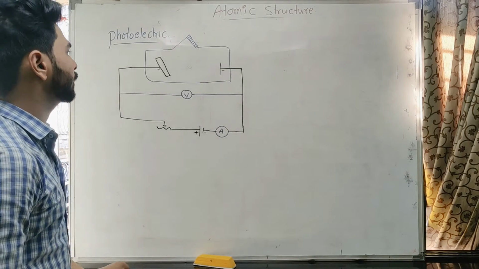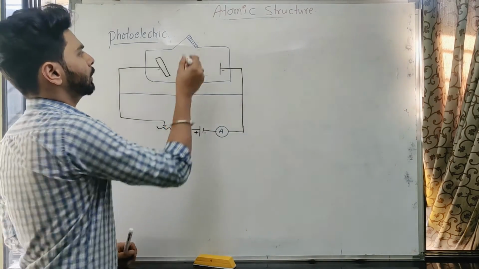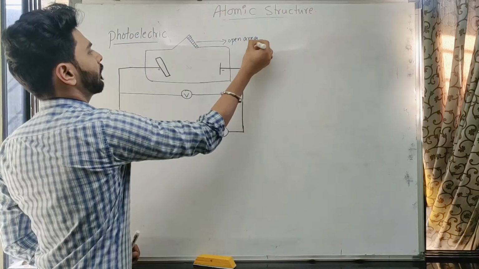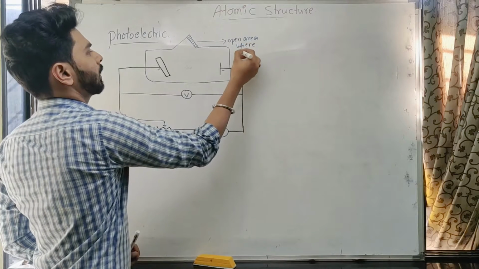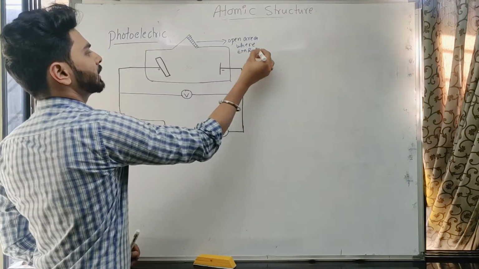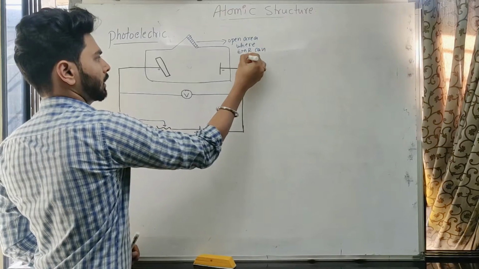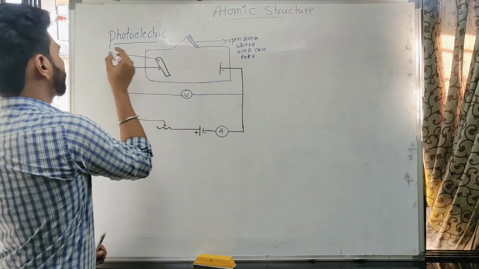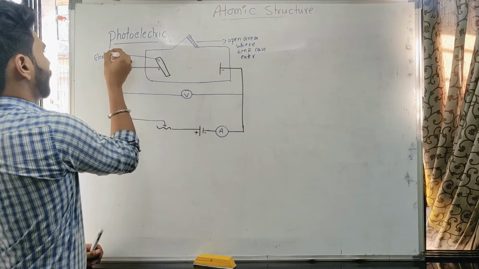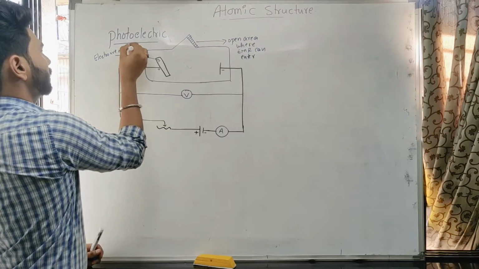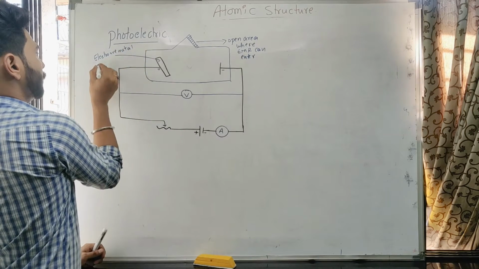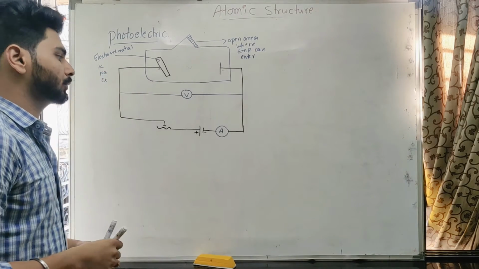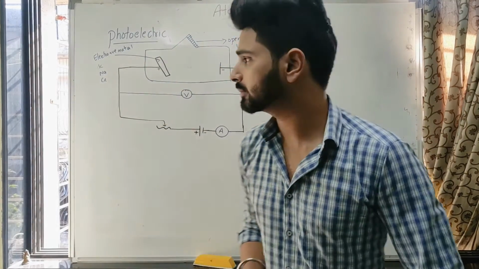So this is the schematic of the opaque region and the open area where electromagnetic radiation can enter. This particular metal rod must be electropositive, like potassium, sodium, cesium. These are the examples, alkali metals we can say.